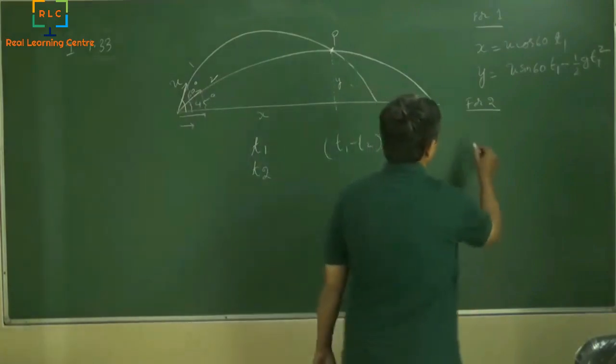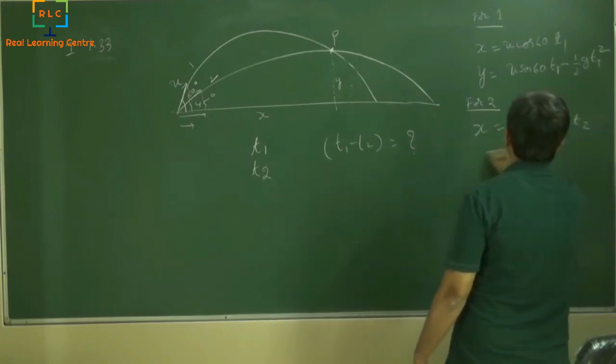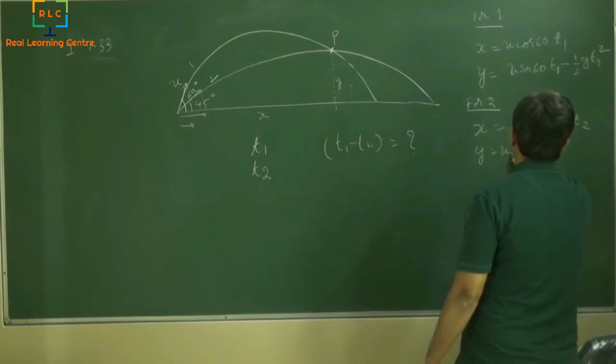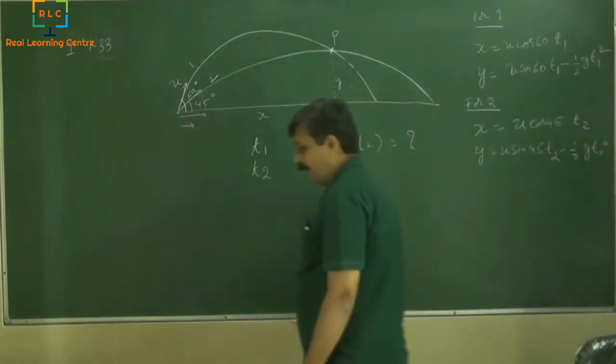So I will write here x is equal to u cos 45 t2 and y is equal to u sin 45 t2 minus half g t2 square. I'll equate x's and y's.